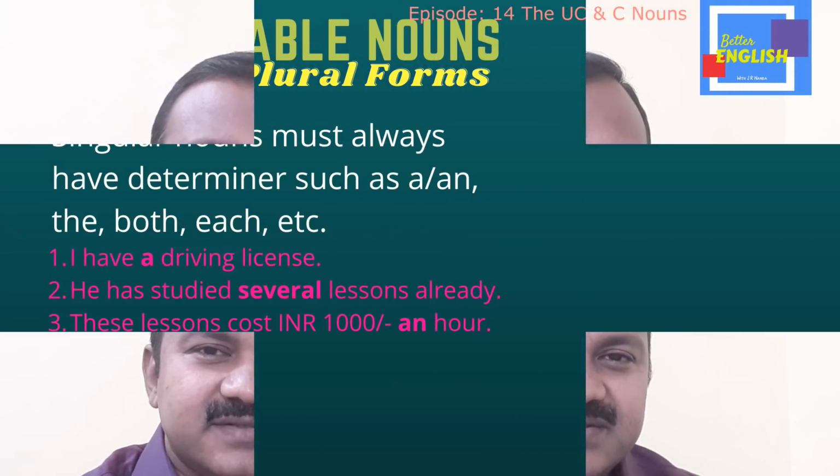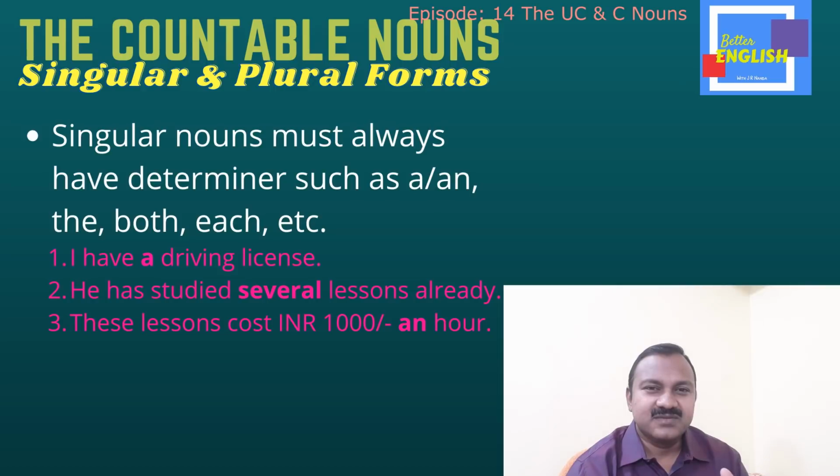Got it? The other important point about the singular countable noun you must note is the singular countable nouns must be preceded by determiners such as a, an, the, both, each, and so on and so forth. Now let's look at the examples given on the screen. I have a driving license.